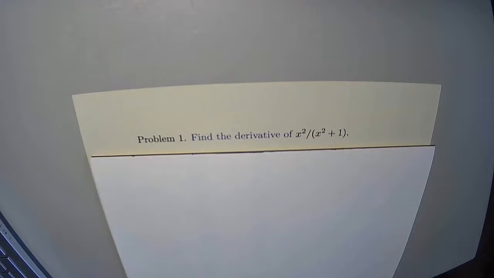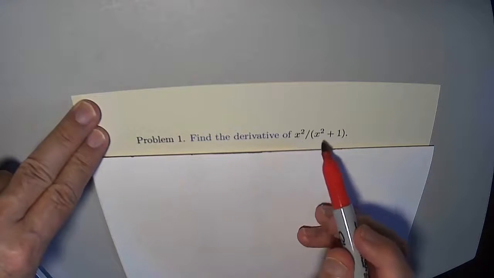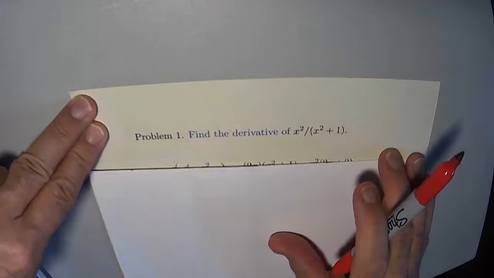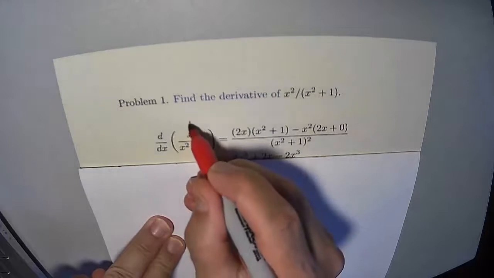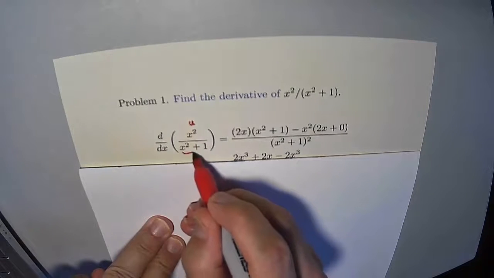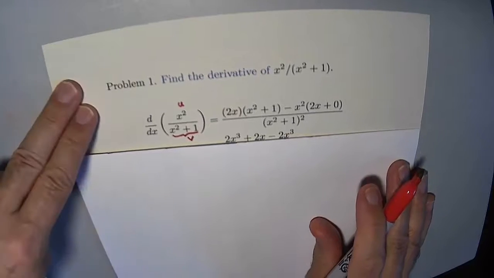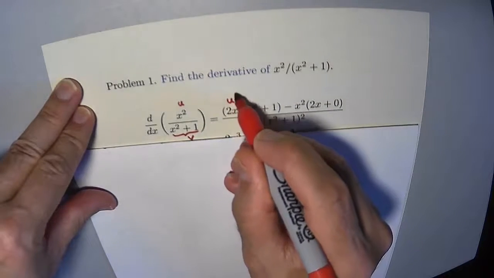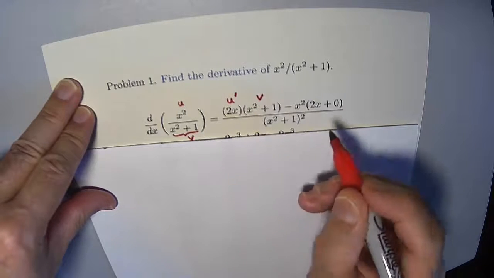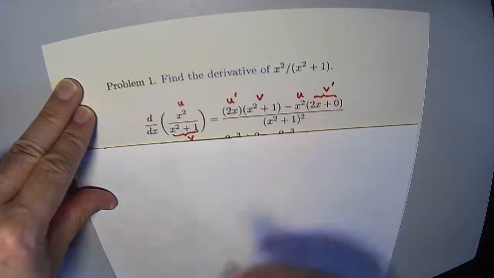Okay, let's now do the 6 problems. The first is finding the derivative of x squared divided by x squared plus 1. We call the numerator u, call the denominator v, and use the quotient rule that says u prime times v minus u times v prime.